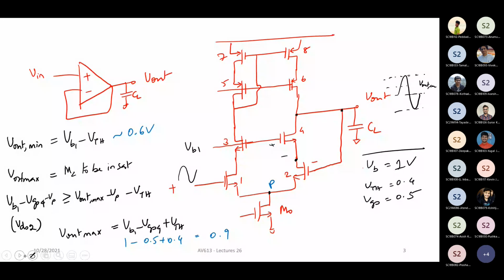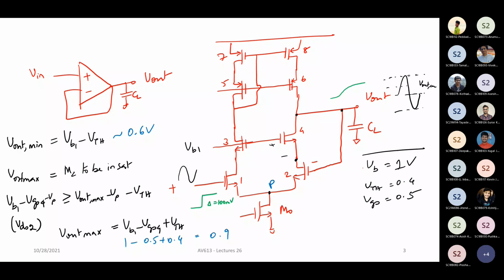Let us say you are giving an input step like this, some 100 millivolt step, delta equal to 100 millivolt. Basically, the output will go and settle like this.